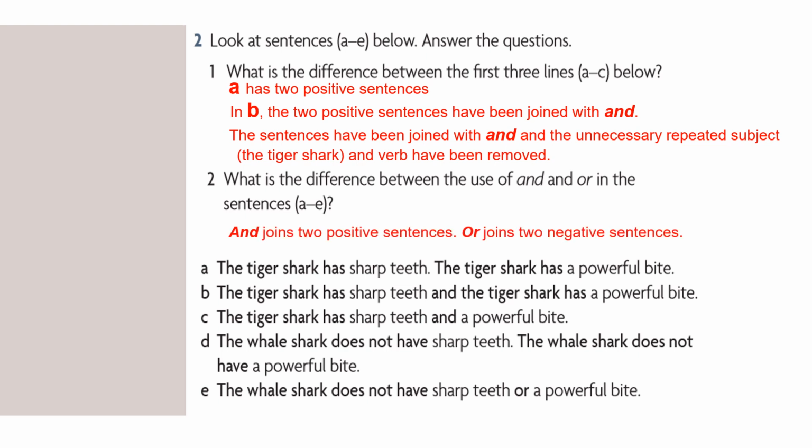And the difference is and joins two positive sentences or joins two negative sentences. Look at 1, A, B, and C. They are positive sentences and we have used and. D has two negative sentences and we have used or. Let's move on to the next slide.